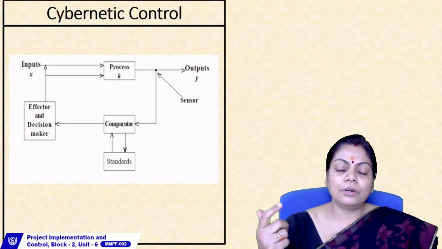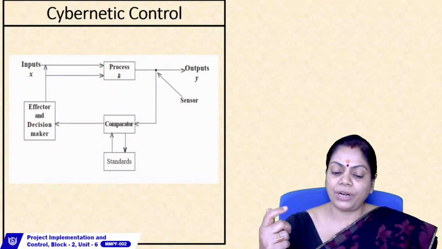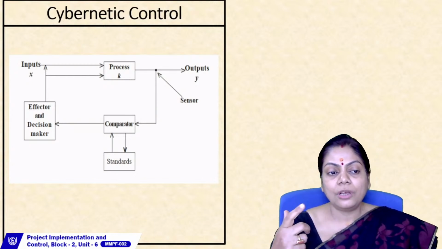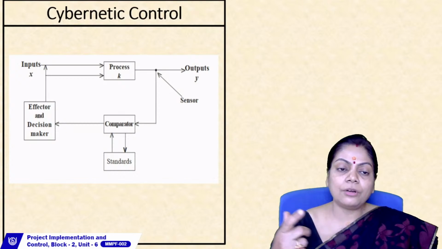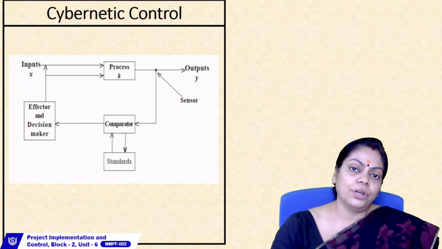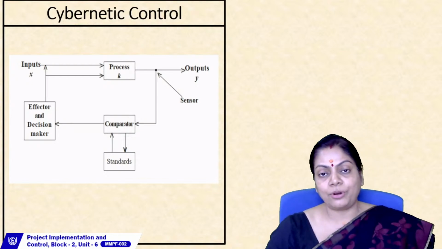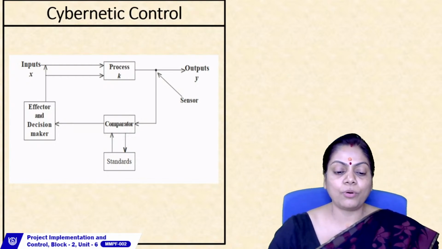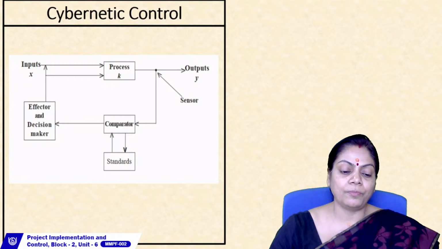If the difference is large enough to warrant action, a signal is sent to the effector, and the effector will make changes either to the process or to the input. So this is called cybernetic control, where you talk about output control.